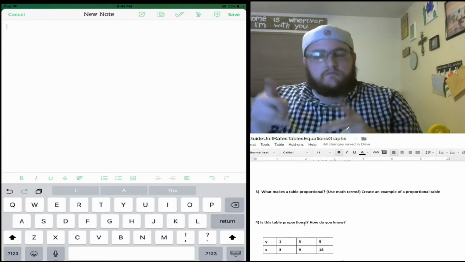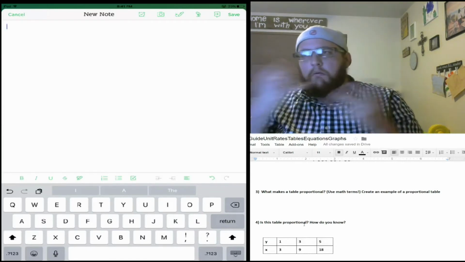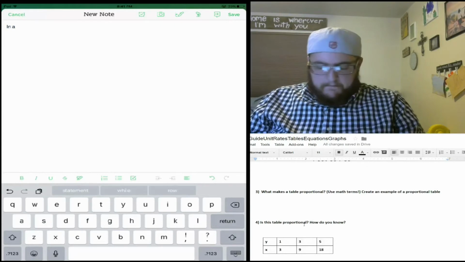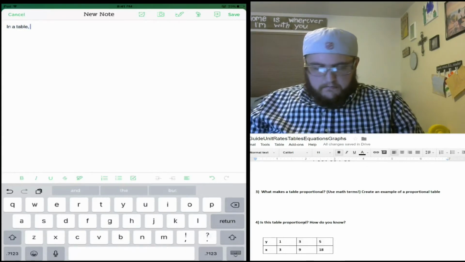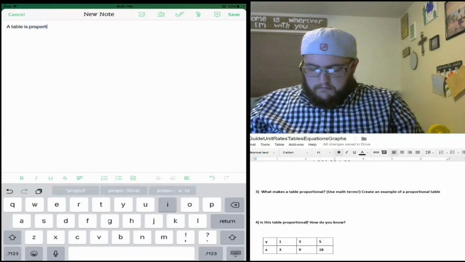And remember, that means for a table to be proportional, it must have the same unit rate across the board. That means each coordinate that we have, or each pair of numbers for y's and x's, must have a constant rate of change or a constant of proportionality that's the same. So this might look something like this as an answer for this question.